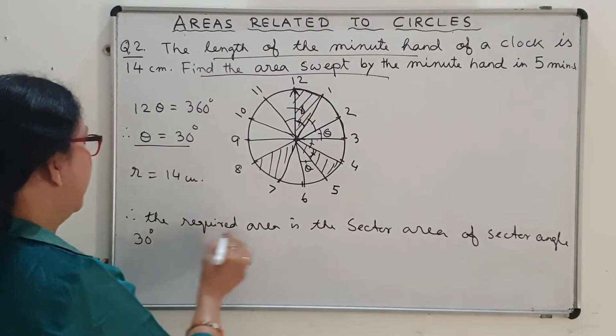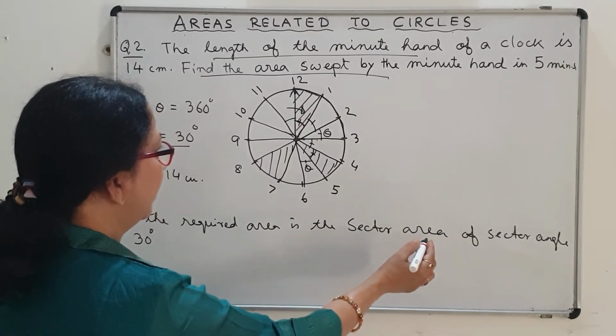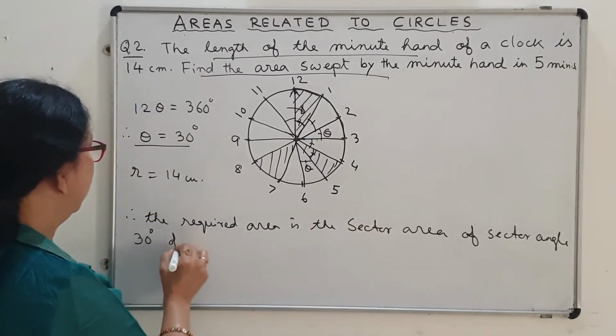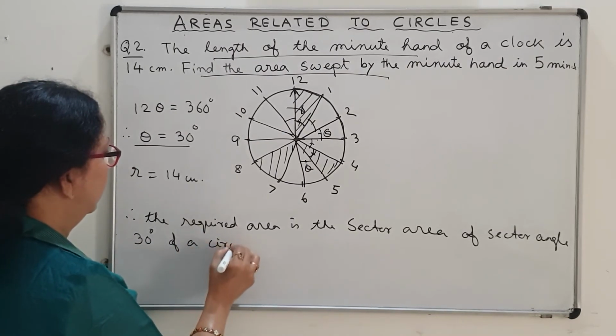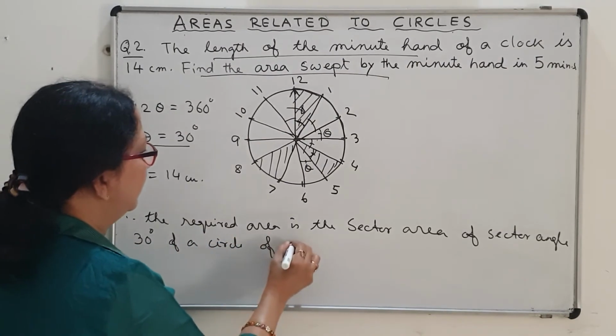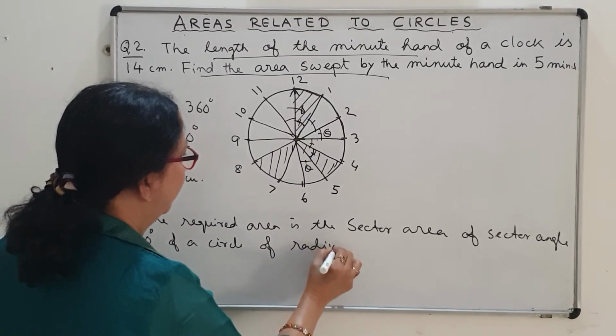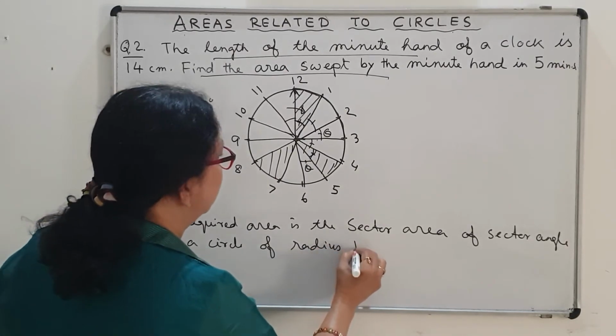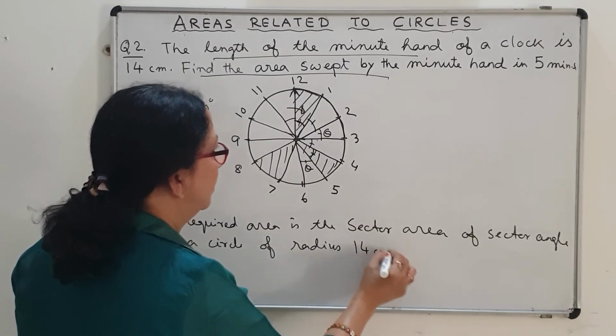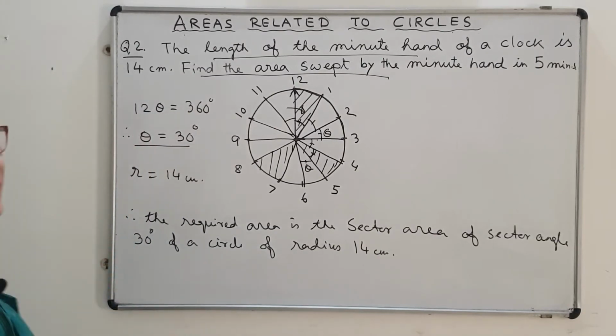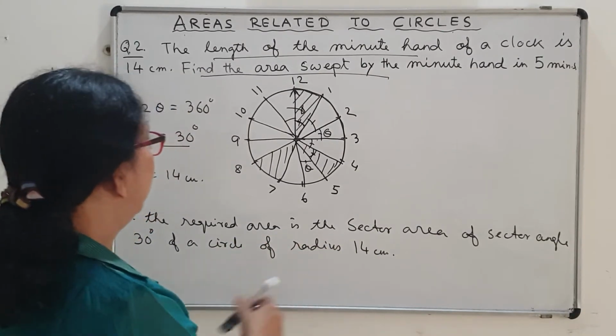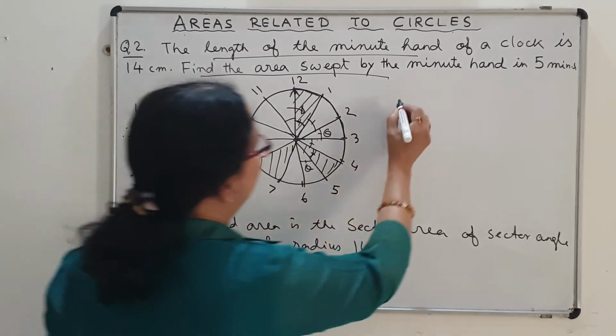The sector area of a circle of radius 14 centimeters. By the formula, what is the sector area formula?